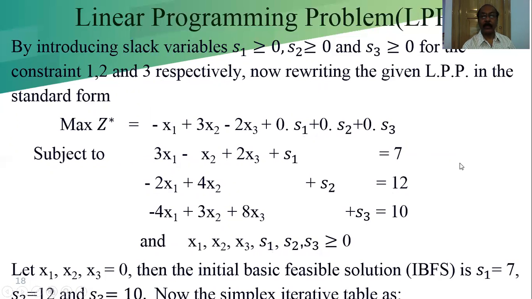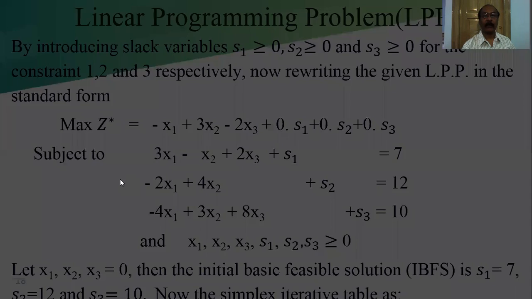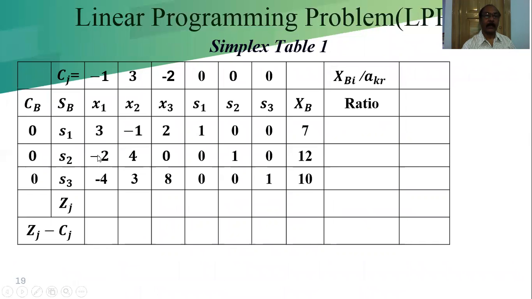We start with that in our simplex table. So according to this, we make our first simplex table, or iterative table. These are the coefficients from the 3 equations and the 6 variables. 7, 12 and 10 are the right hand side, which we denote as XB.